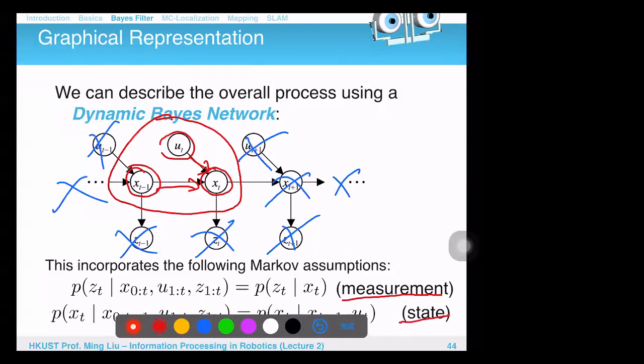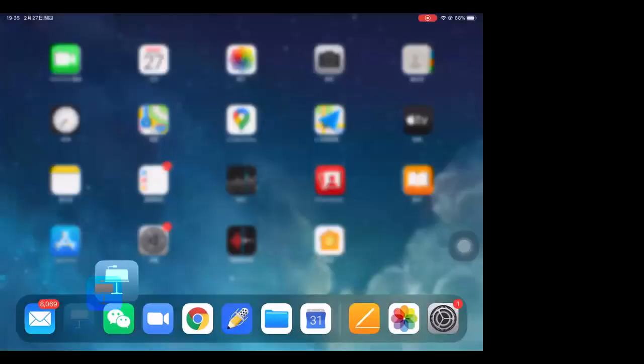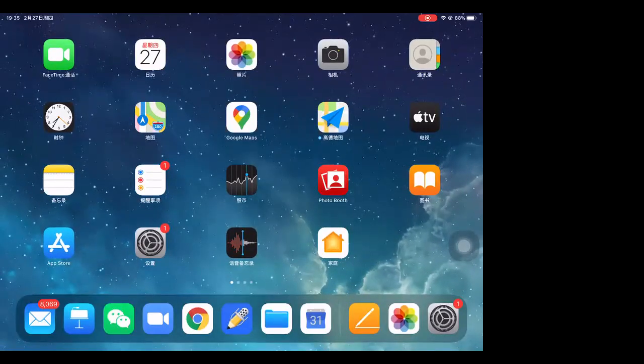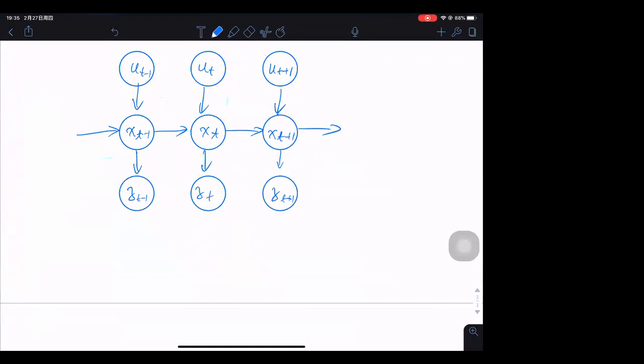Then finally, we want to see overall what's the problem we're interested in. I'll copy the complete graph here. You can see the graph now. So what is the question?